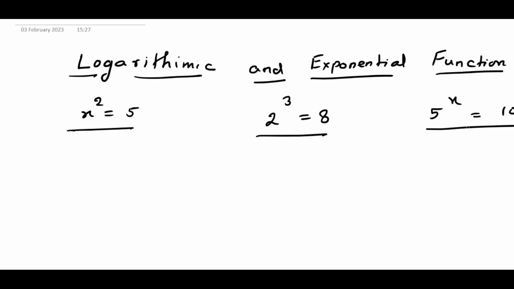Now suppose I have given 5 power x is equal to 10. So before taking this, if I take an example, say 2 power x is equal to 8, can you tell me what is the value of x? So 2 power x is equal to 8 will give you x is equal to 3.